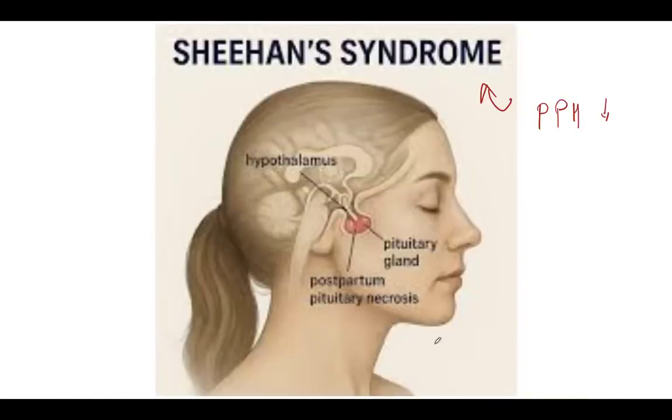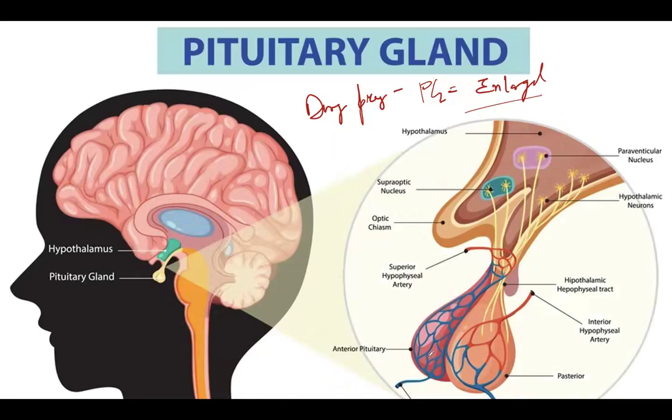Now, in Sheehan syndrome, what occurs after postpartum hemorrhage is that excess blood is lost after delivery. So this enlarged pituitary does not get that much blood, and there is no collateral supply of this pituitary gland. So there is ischemic necrosis of the pituitary gland, especially the anterior pituitary gland.